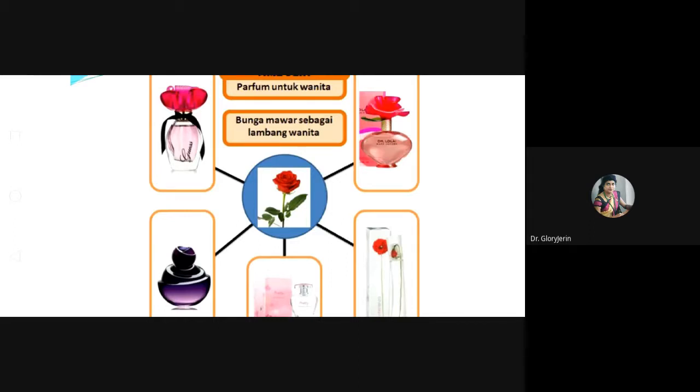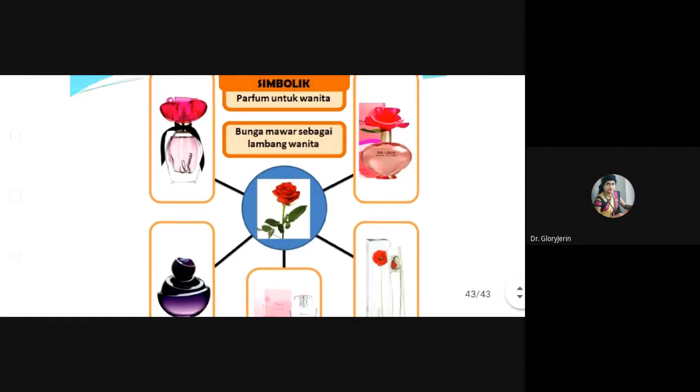We can see the visual shape and a symbolic sign: flowers, identified with beauty and woman, so that you can see the woman's photo on the perfume. The shape looks like the flowers.